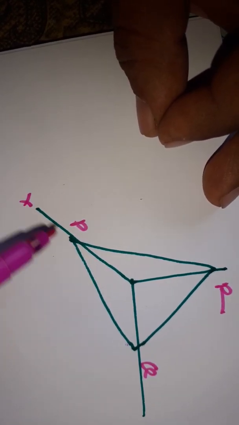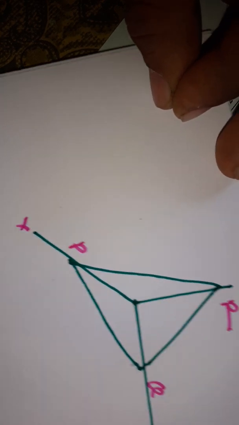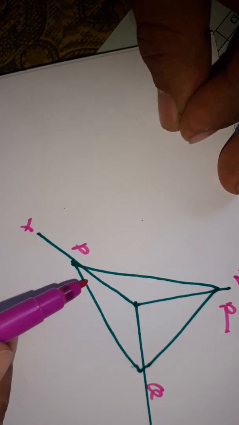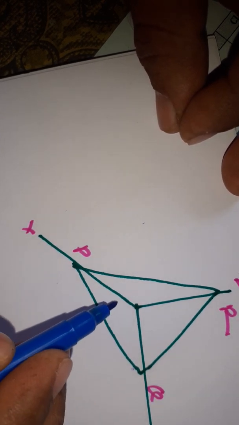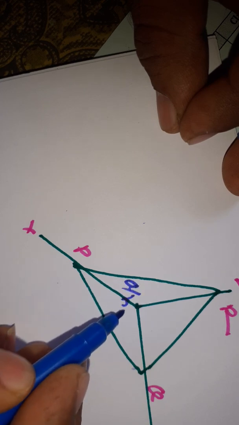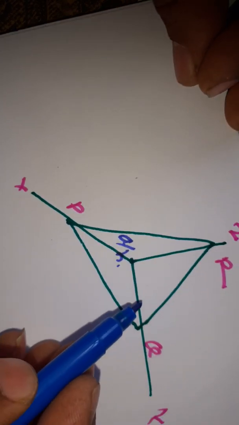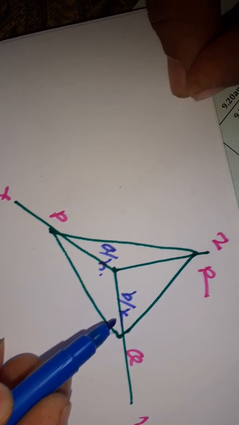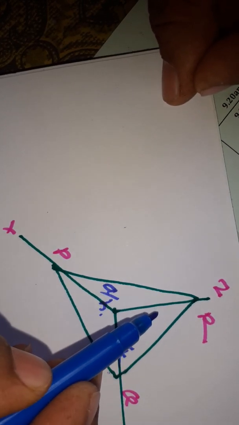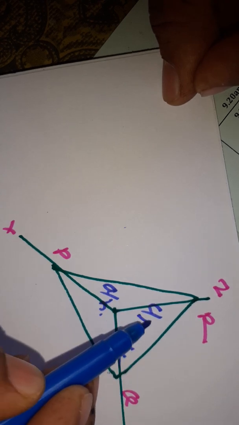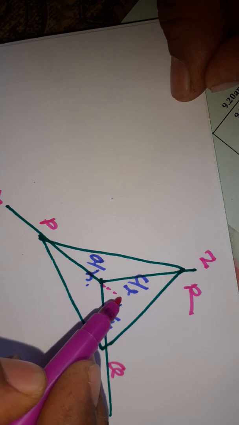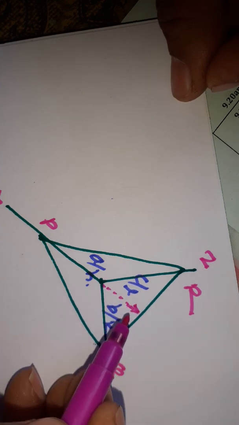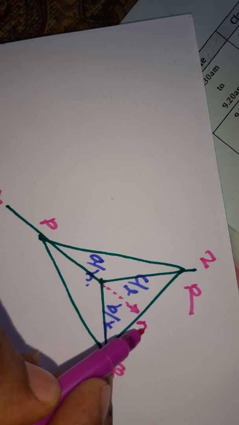This is the x-axis, this is the y-axis, and this is the z-axis. Along the axes, the intercept of the plane is a upon h, the intercept on the y-axis is b upon k, and the intercept along the z-axis is c upon l. Now suppose there is an interplanar spacing, that is the distance, along the normal to that plane. So this is your unit vector.